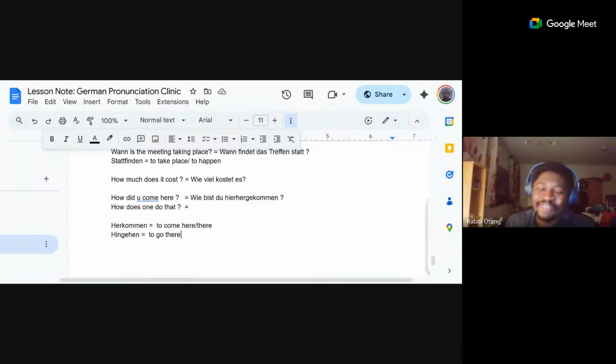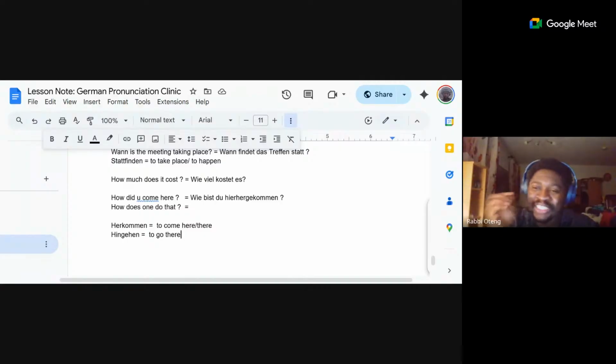When you're going towards a place, you say I am going towards a place; I am coming from a place. That's why we say "woher", from where do you come from? "Wohin" means you are going towards a place, not coming towards a place. Do you get it?